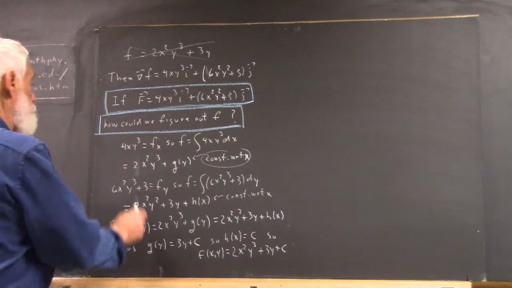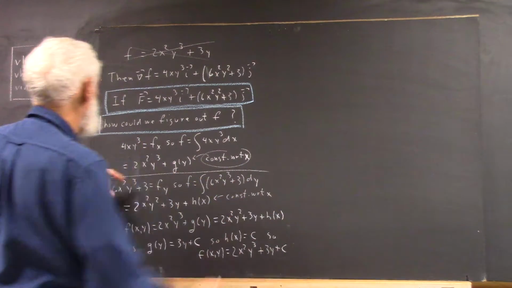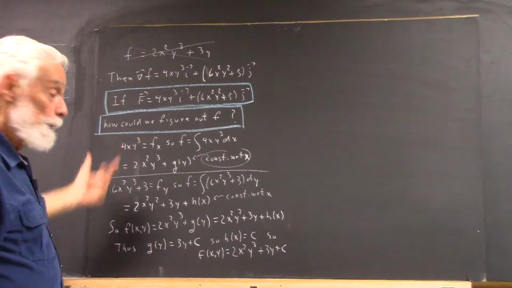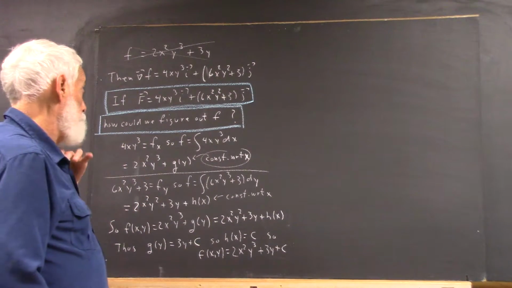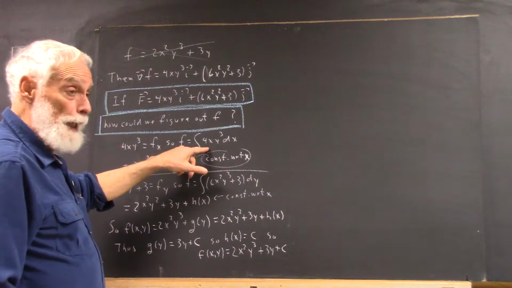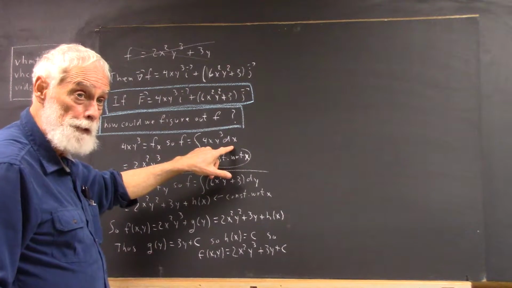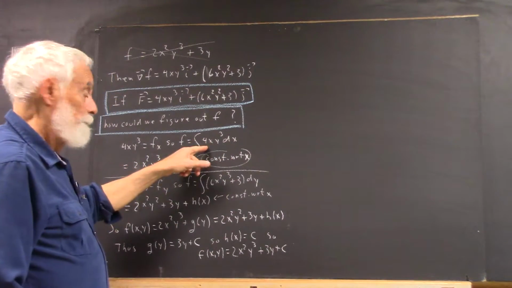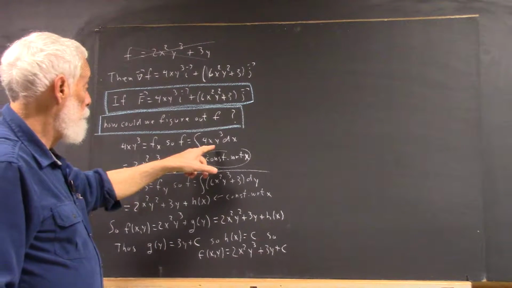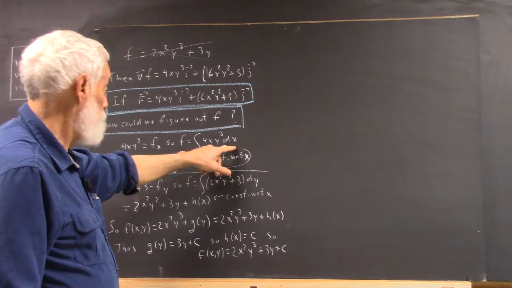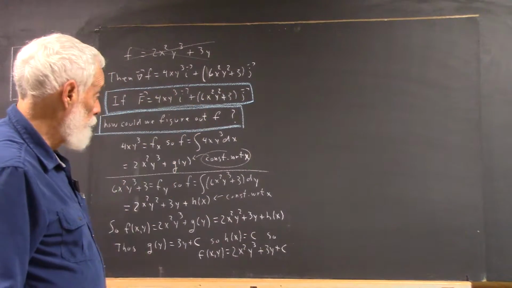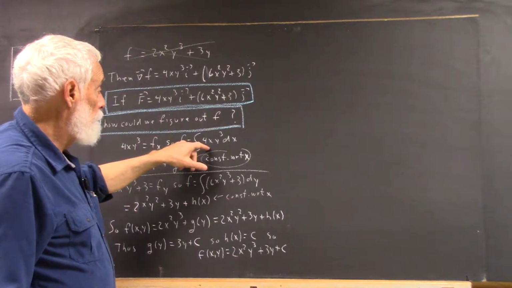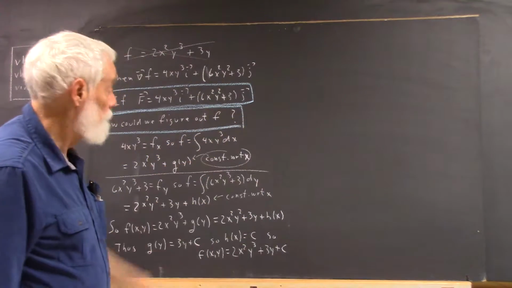Okay, well, starting with the fx, what can we conclude if this is the x derivative of a function? Well, if it's the x derivative of the function, then it's an antiderivative of the function with respect to x. Now, the antiderivative of 4xy cubed with respect to x, the 4y cubed is just a constant. You bring that out of the integral, you're going to get an x squared over 2 plus a constant.